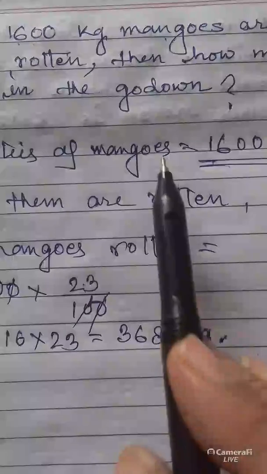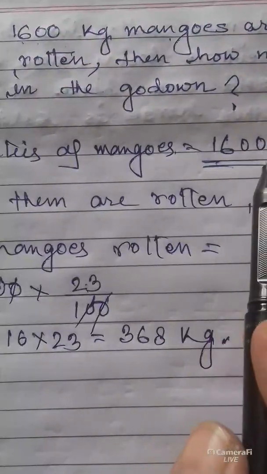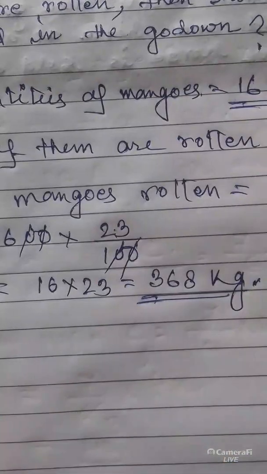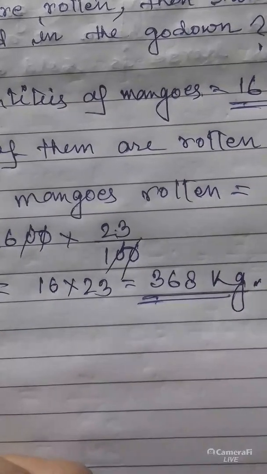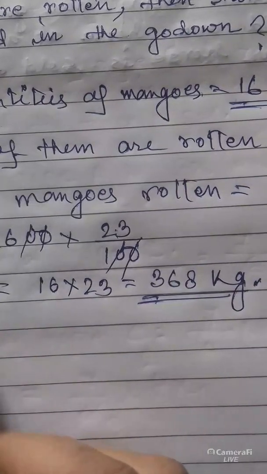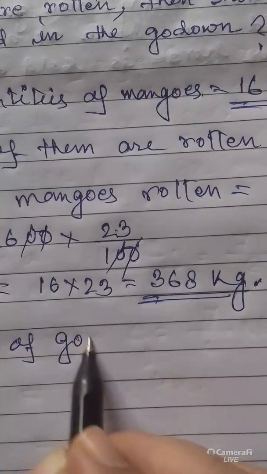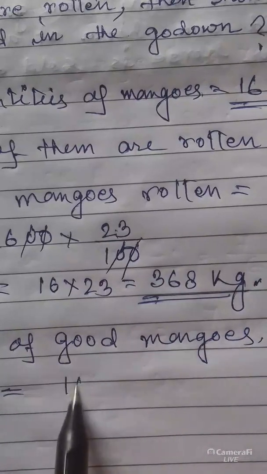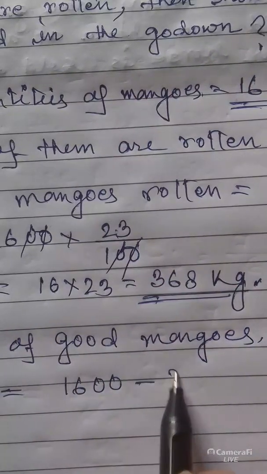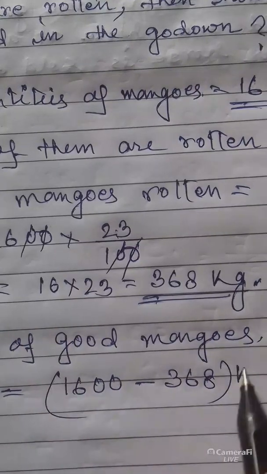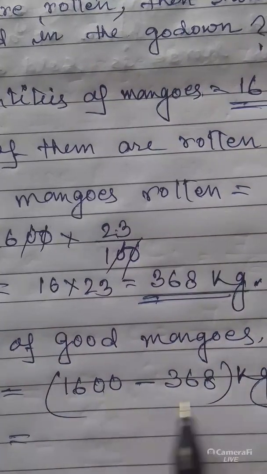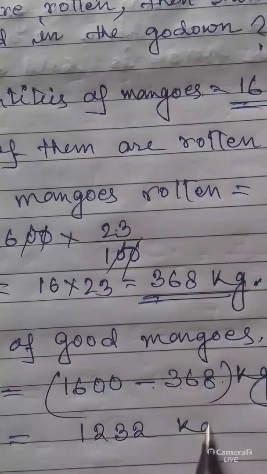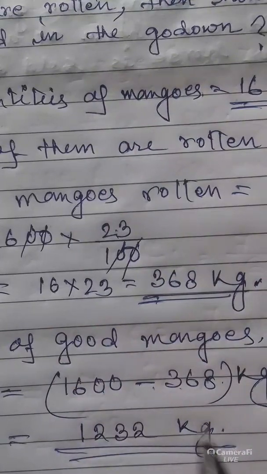Total mangoes are 1600 and rotten mangoes are 368 kilogram. So the quantity of good mangoes equals 1600 minus 368 kilogram. 1600 minus 368 means 1232 kilogram. These are the good mangoes.